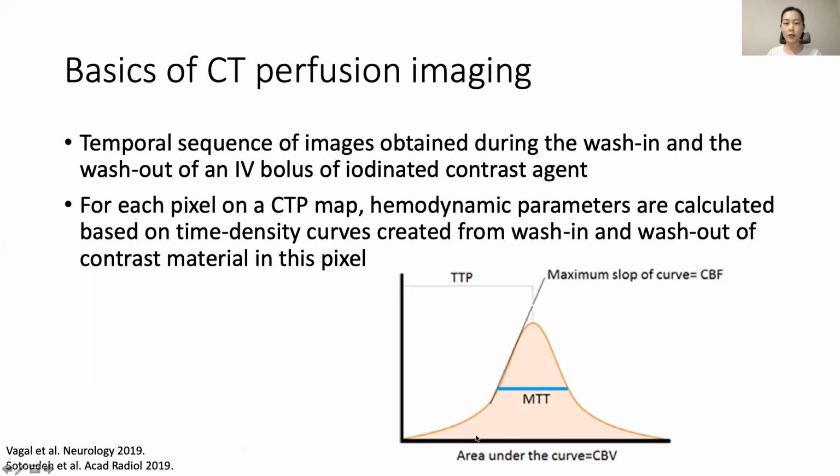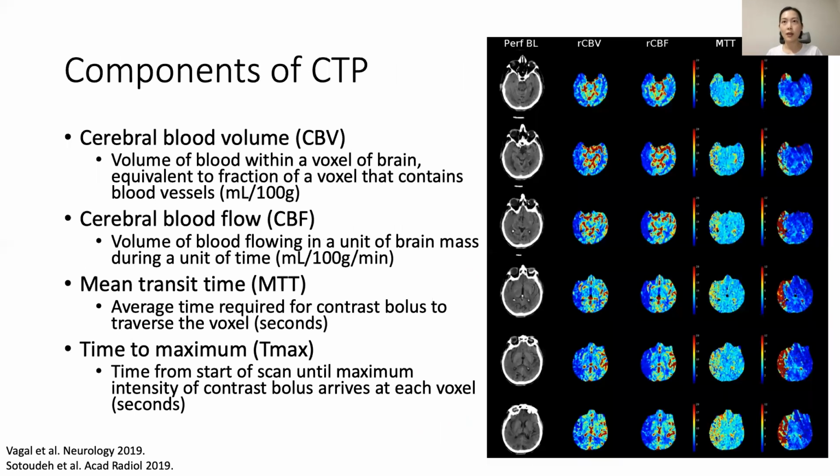So on this graph, you can see as time goes by, you have the influx of contrast and then the outflux of contrast for a specific small unit of brain tissue. And we calculate multiple hemodynamic parameters based on this.